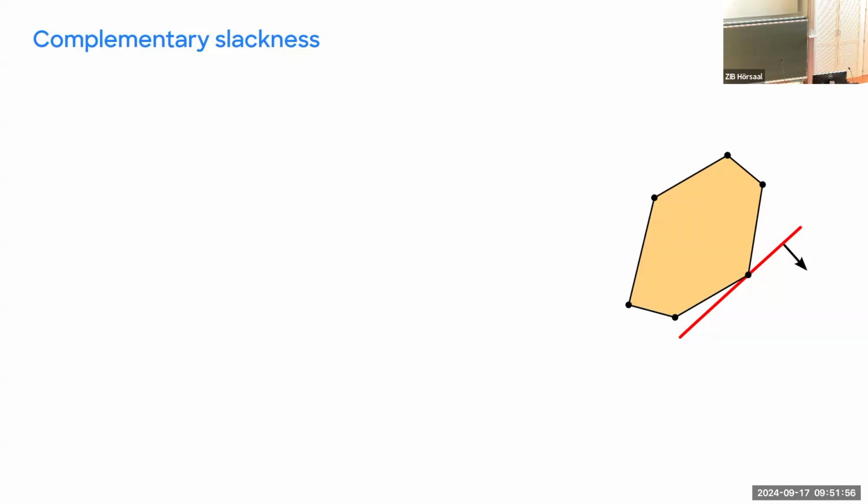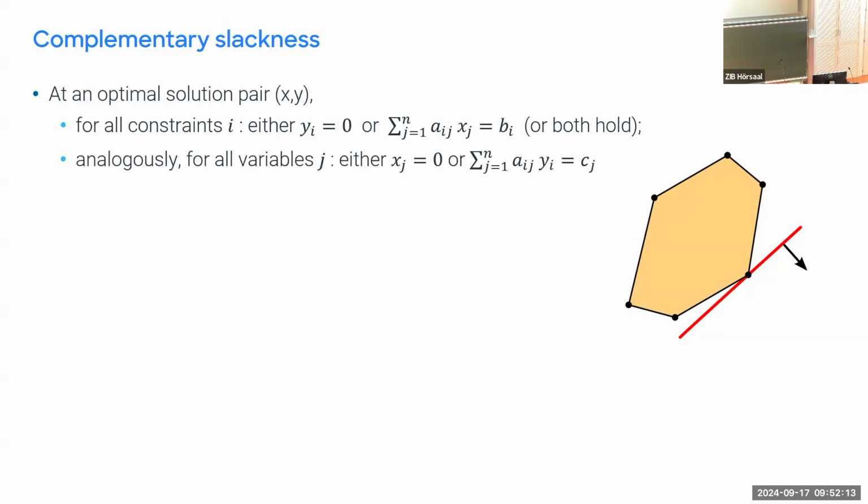That is the dual solution y. And so this should mean that the dual multipliers y are actually 0 for all these non-tight constraints, and only for these tight constraints here, they should be non-zero. And so let's put this a bit more formally.